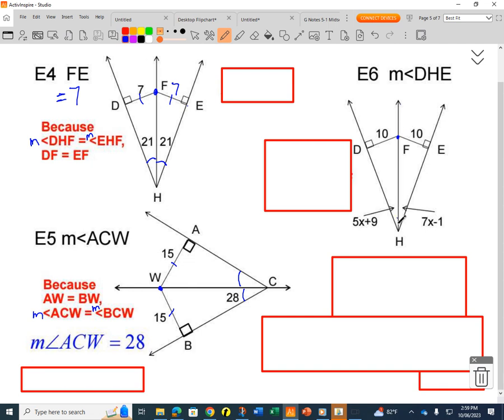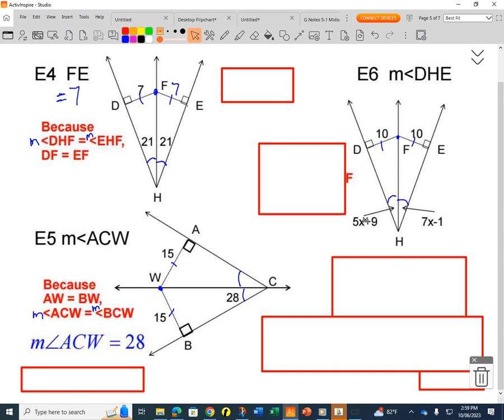Since they're the same, they're congruent, that makes HF an angle bisector. If HF is an angle bisector, it's bisecting the angle, creating two congruent angles.